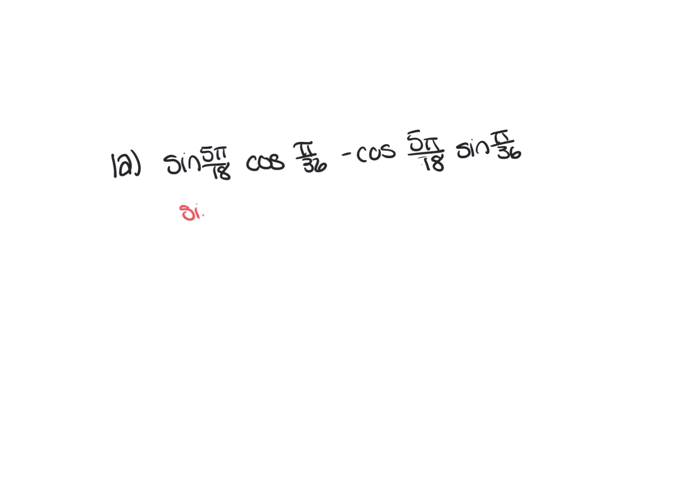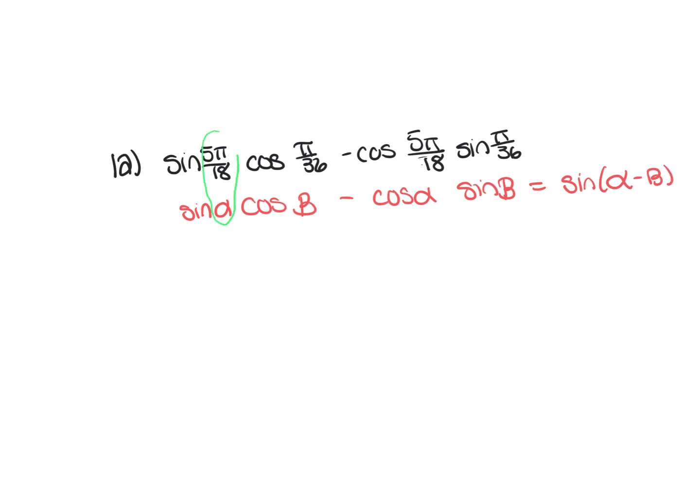So in further investigation, this says sine of alpha cosine beta minus cosine alpha sine of beta. And this comes from, if you look at your formula sheet, the sine sum or difference formula. It's alpha minus beta. So my alpha is 5 pi over 18 and my beta is pi over 36.